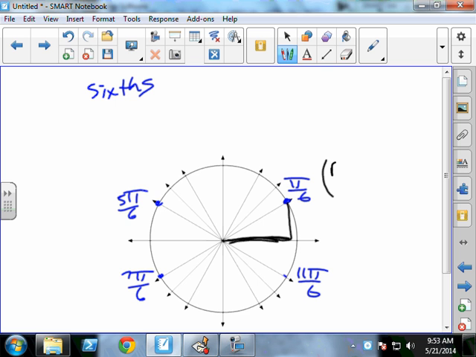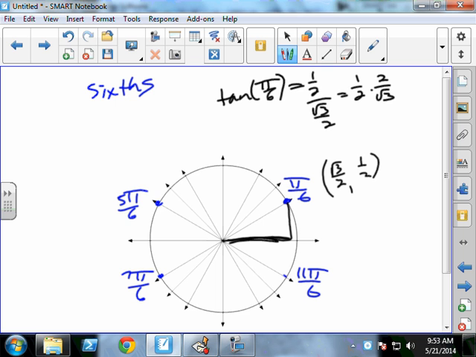So the coordinates are rad 3 over 2 and 1/2. So the tangent at pi over 6 is 1/2 over rad 3 over 2. So that's 1/2 times 2 over rad 3. Hopefully you remember what happens here. So this is 1 over rad 3, and we need to rationalize it. It's rad 3 over 3. Okay? It ends up being rad 3 over 3.